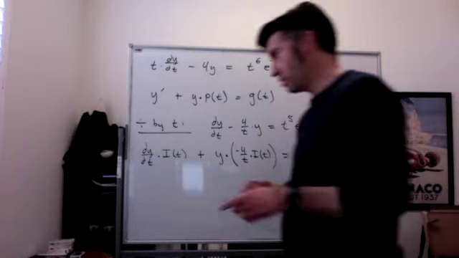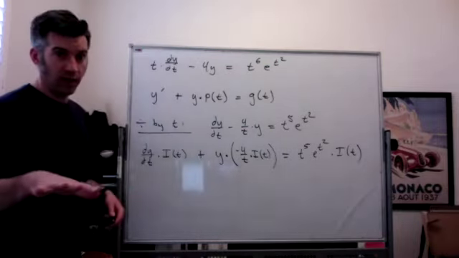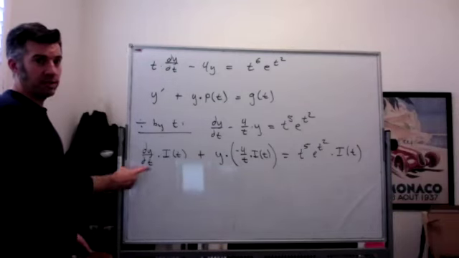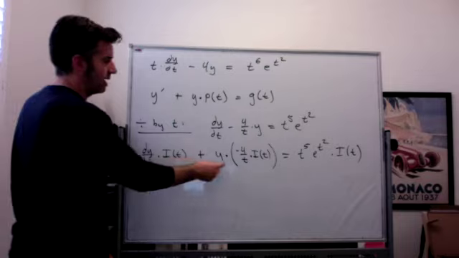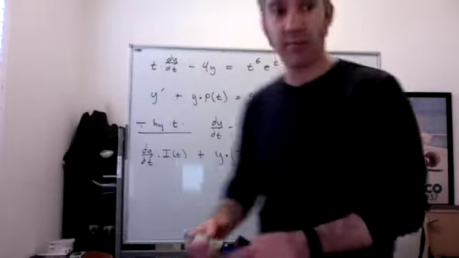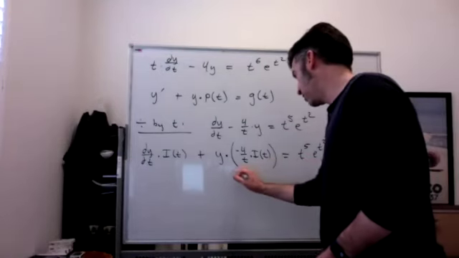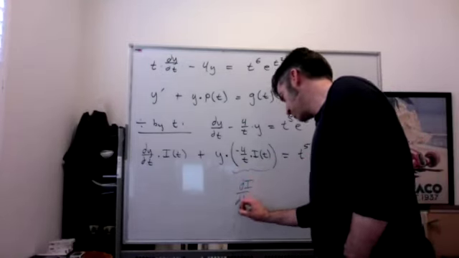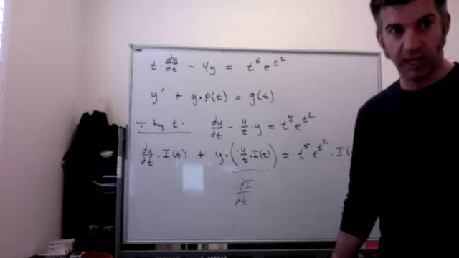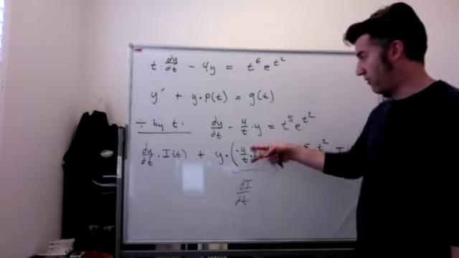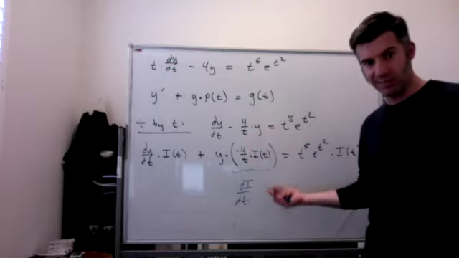Okay. So let me just point out, this is a product rule. It's y prime times I plus y times I prime. So whatever is multiplying y here, this is your dI/dt. Every single time. dI/dt is always whatever the function multiplied by y is, times I.